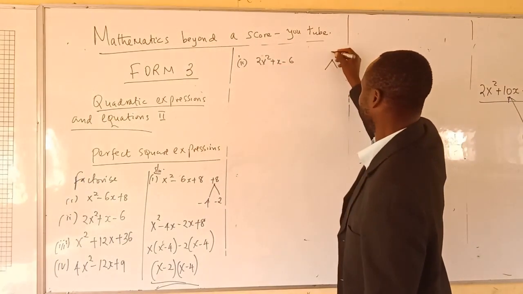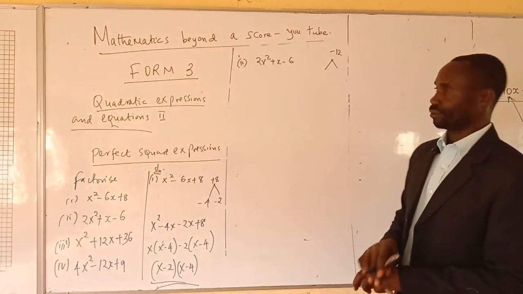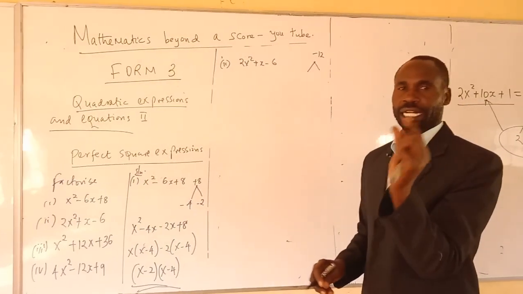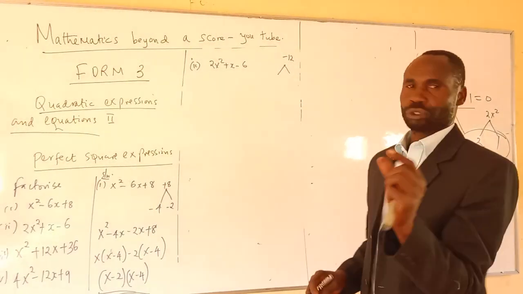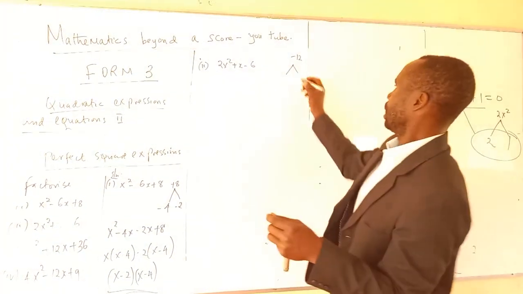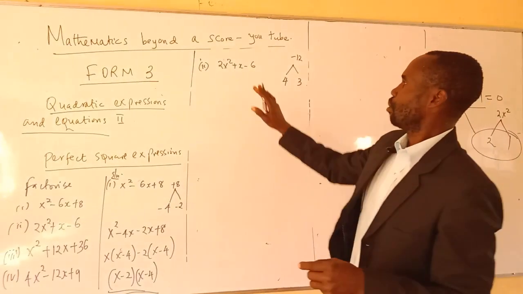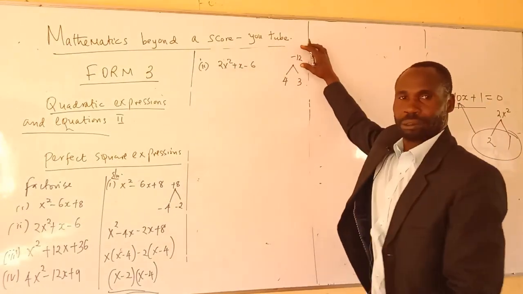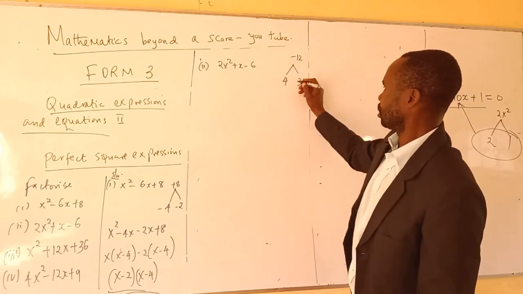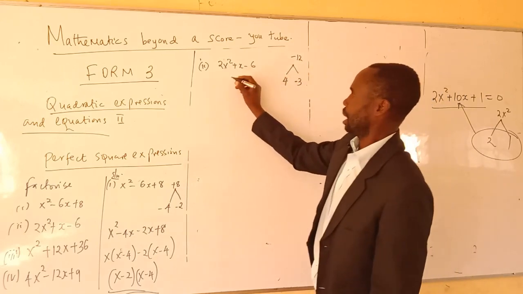Next, part 2 is 2x² + x - 6. When we multiply them, we get negative 12. Two numbers which, when we multiply, give negative 12, and the two numbers are near one another, adjacent, like 5 and 6, or 8 and 9. So here they are 4 and 3. One of them must be negative. The one that is negative is this one, so that when we add, we get 1.